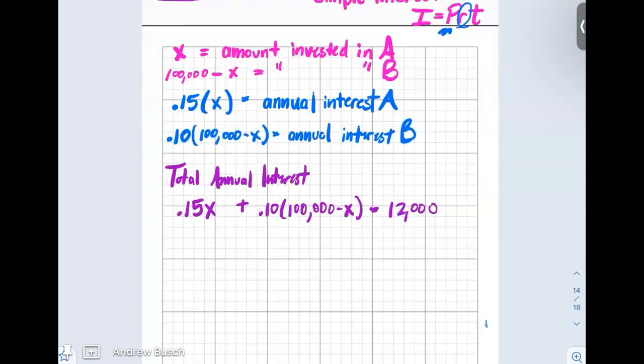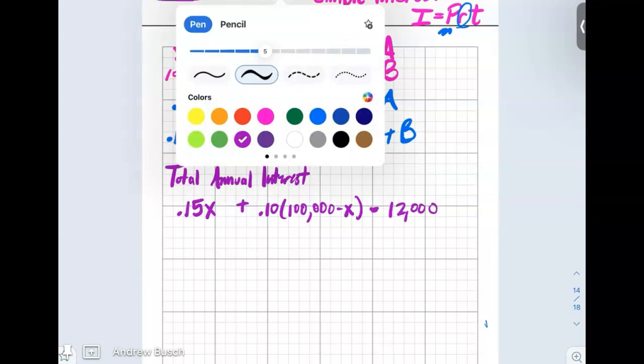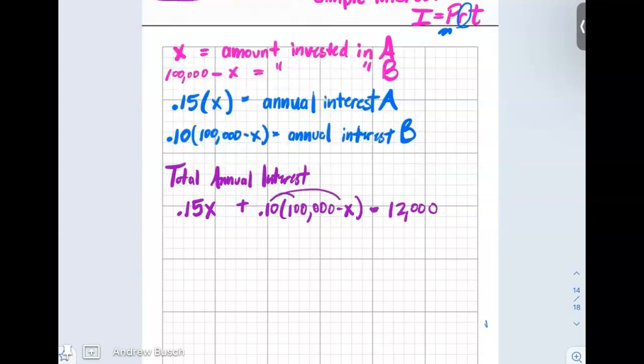So then from there, we're just going to solve for x and figure out what that x would need to be for that to happen. So we're going to distribute that 0.1 into the equation. And so we're going to get 10,000.